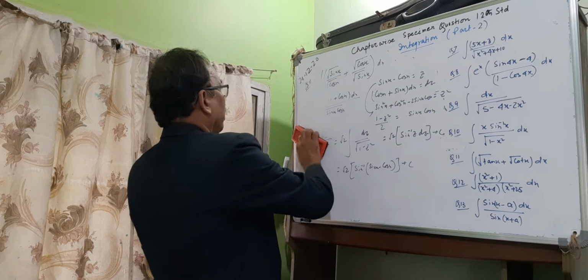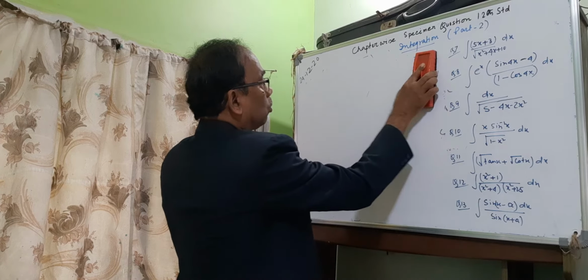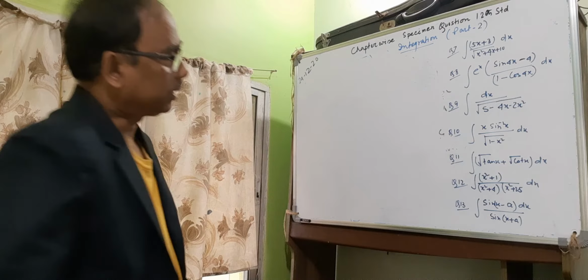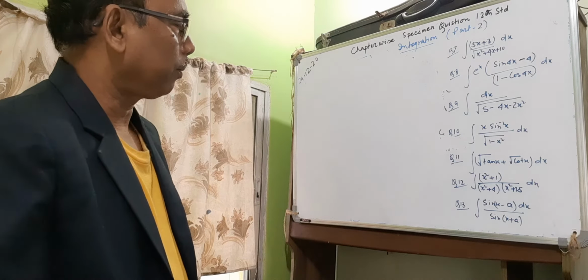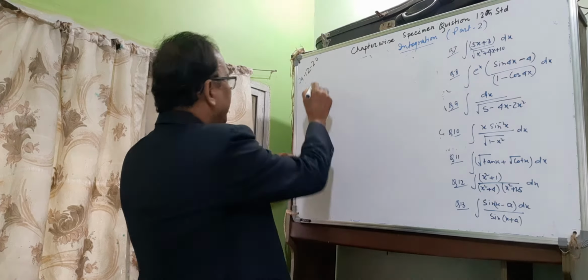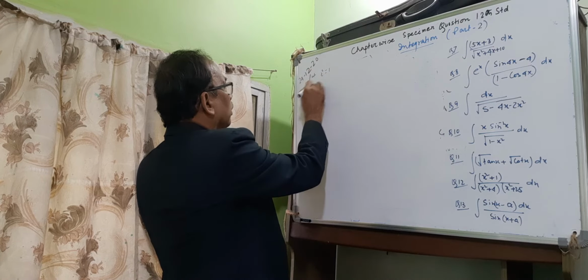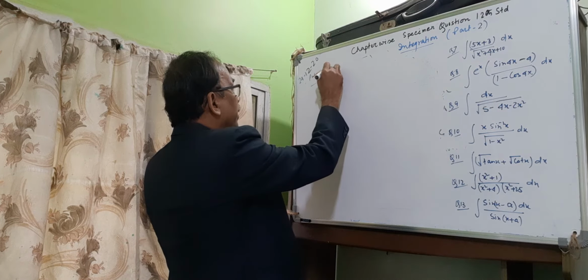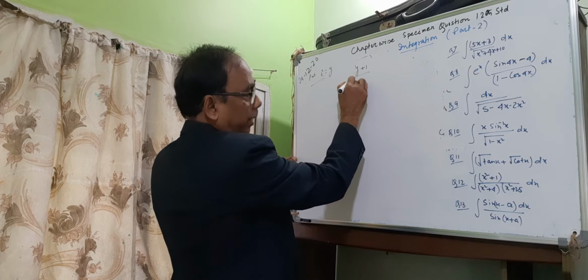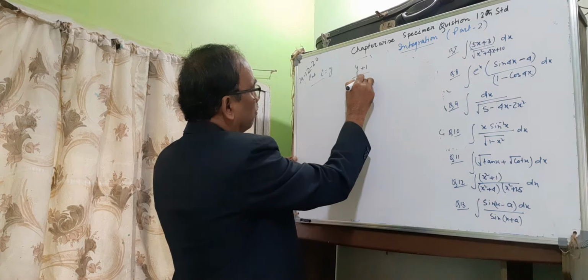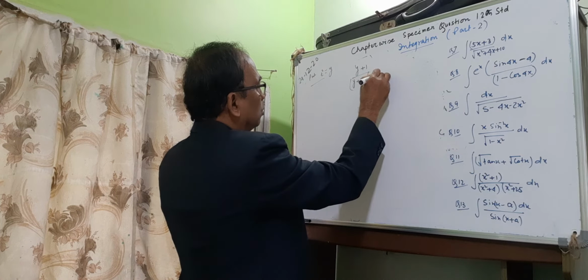Next, sum number 12. Question number 12: x square plus 1 over x square plus 4 into x square plus 25. Put x square equals y. This will be y plus 1 over y plus 4 into y plus 25.